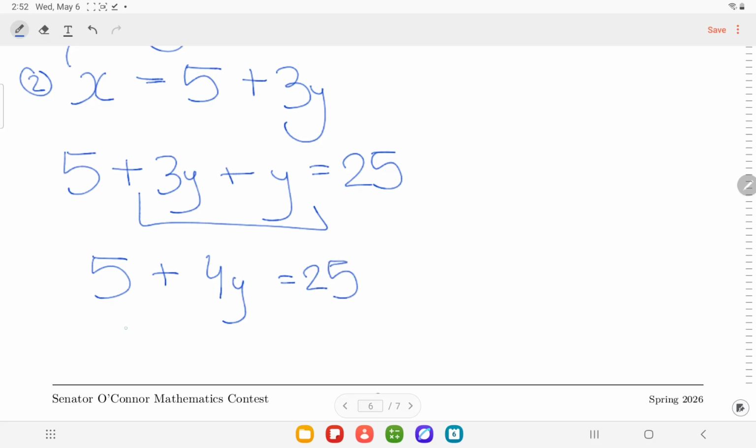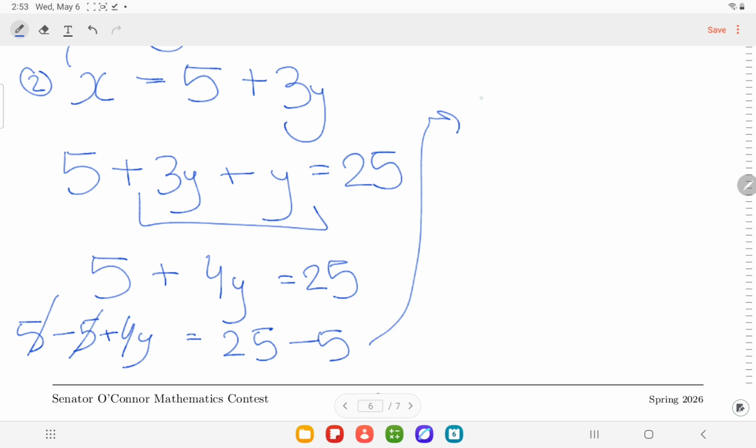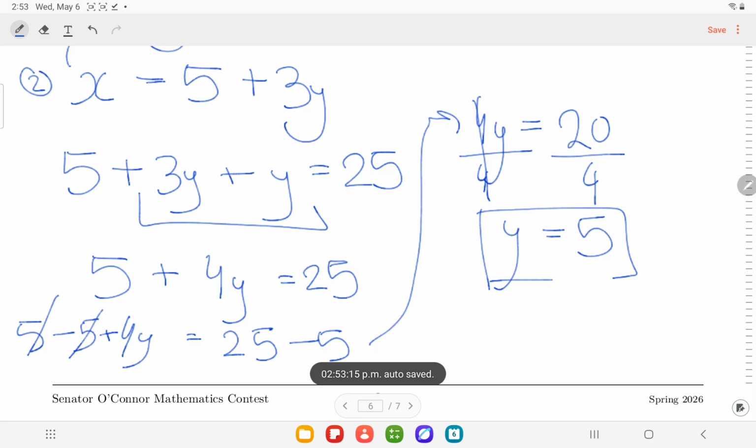And then to isolate for y, we're going to subtract 5 from both sides. And then divide by 4. So we know that our y is 5.